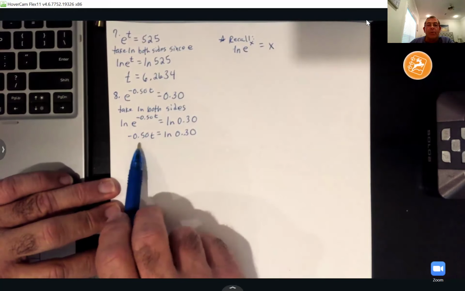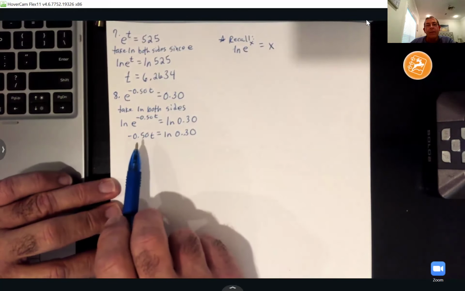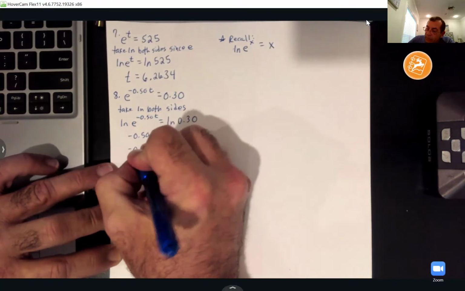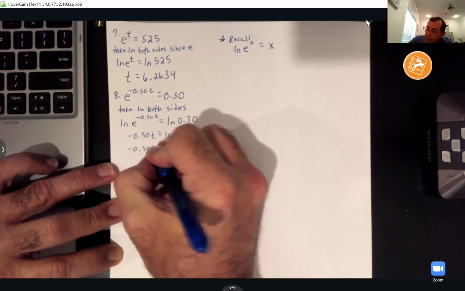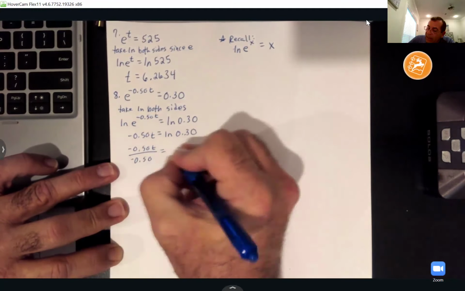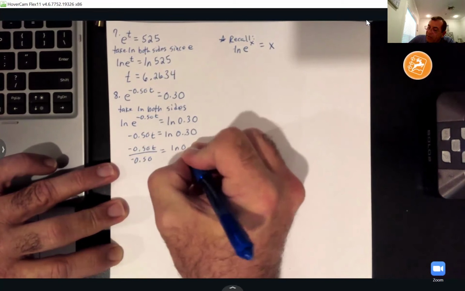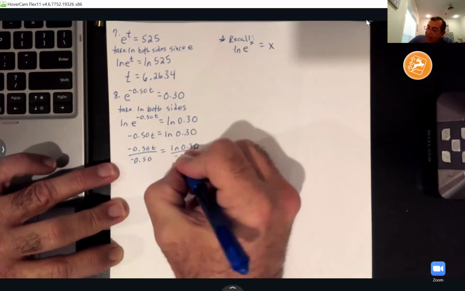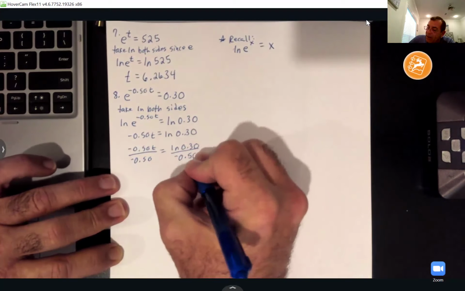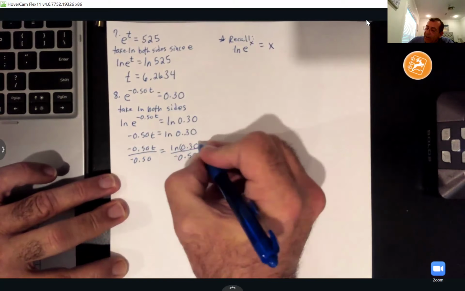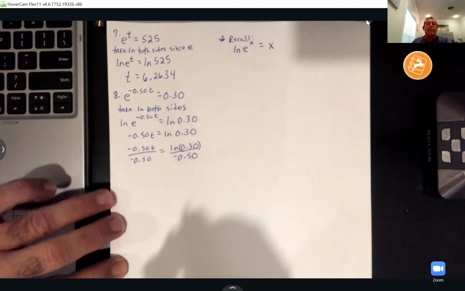I got to now divide both sides by that negative 0.50. And that'll equal the ln of 0.30 divided by a negative 0.50. So once again, remember in the calculator, put that in parentheses.